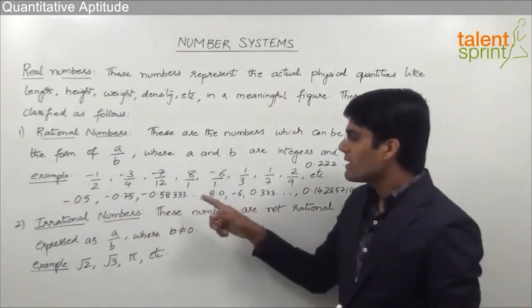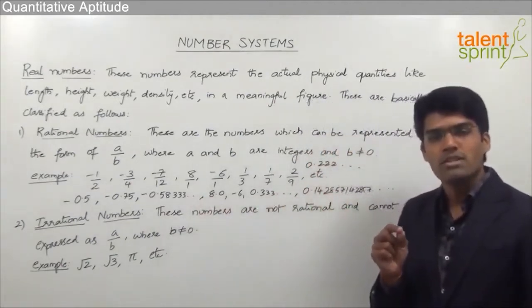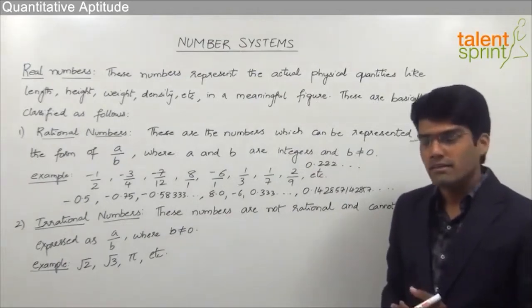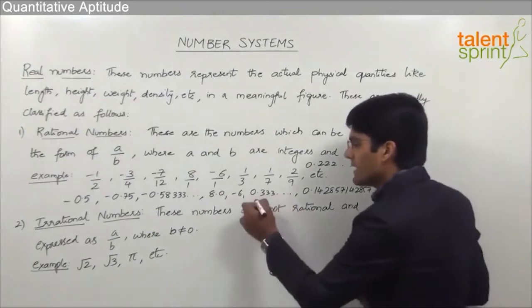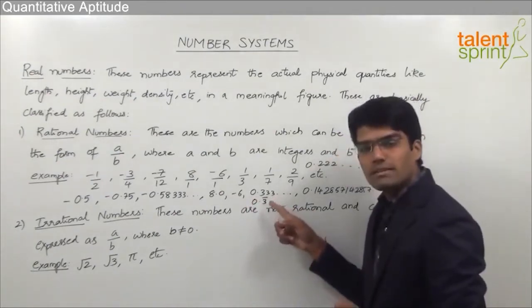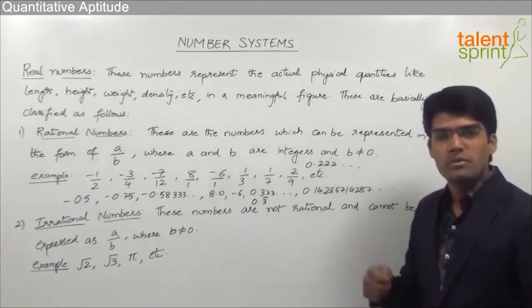Now in these non-terminating numbers, we find that there is some part of the number which appears at regular intervals. It occurs again and again. For example, if you look at 0.333, this is nothing but 0.3 bar. That means this digit 3 occurs again and again at regular intervals up to infinity.